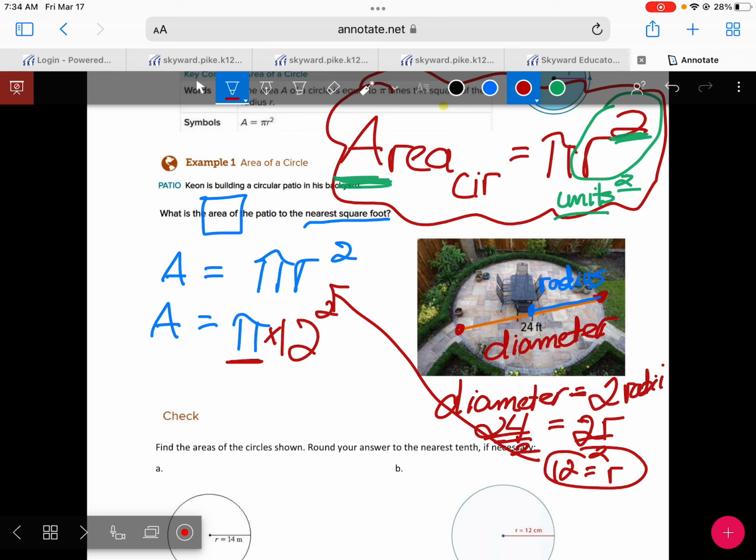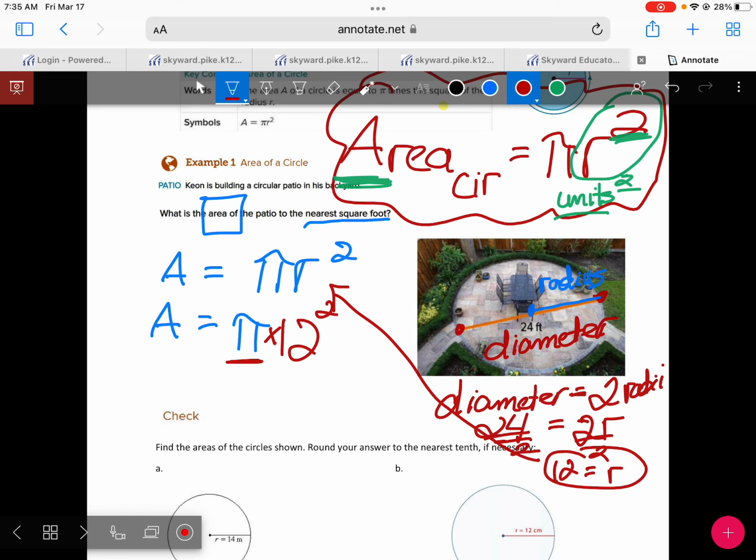If I'm doing it, I can do it myself. So pi button times, nope, not that. Pi button times 12, and then hit the x squared button, which is just to the left of 7. Jeremiah, come on. And that should give you the 2, and then hit enter.